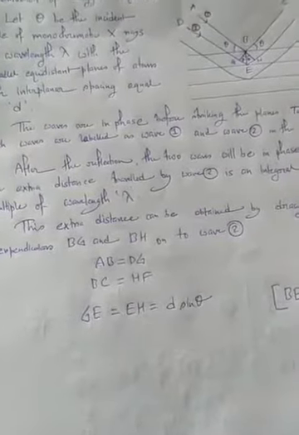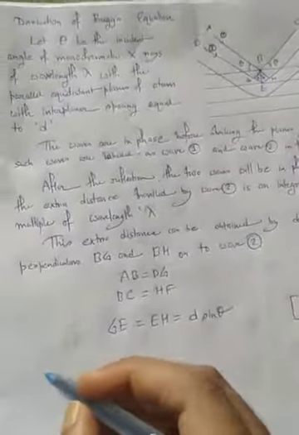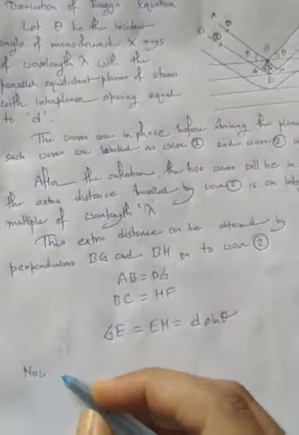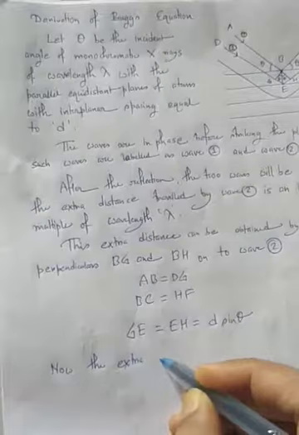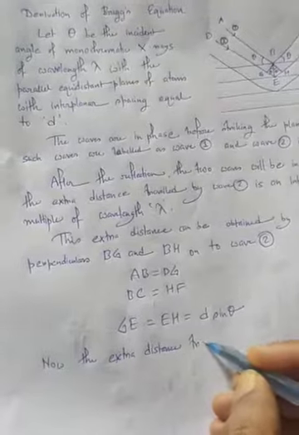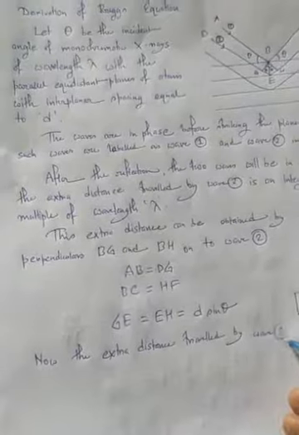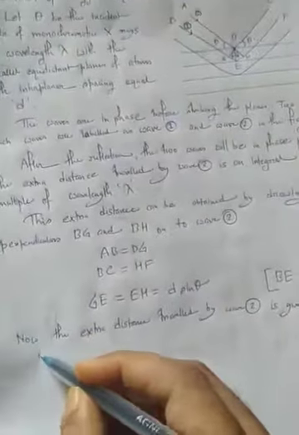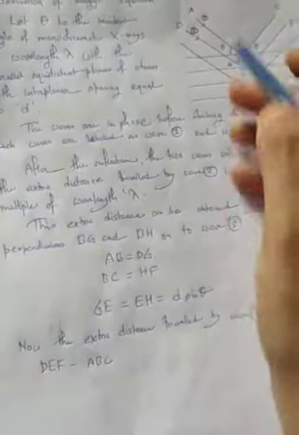Therefore, now the extra distance traveled by wave 2 is given as DEF minus ABC. Very simple.